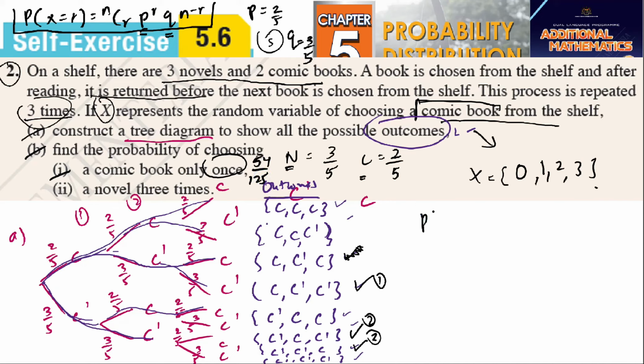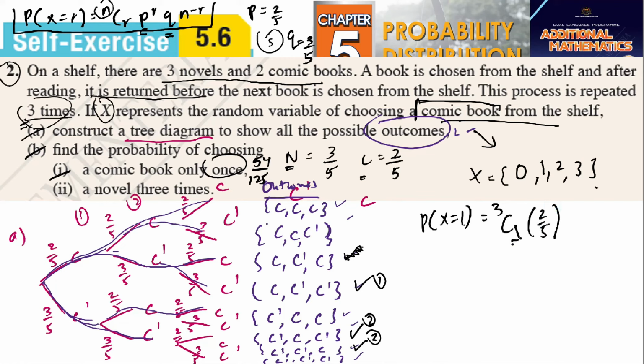But if you are using the formula directly, you can just get n is equal to, so how many are being collected? 3 times, right? So n is equal to 3, r is equal to 1, and then you have P, which is 2 over 5.